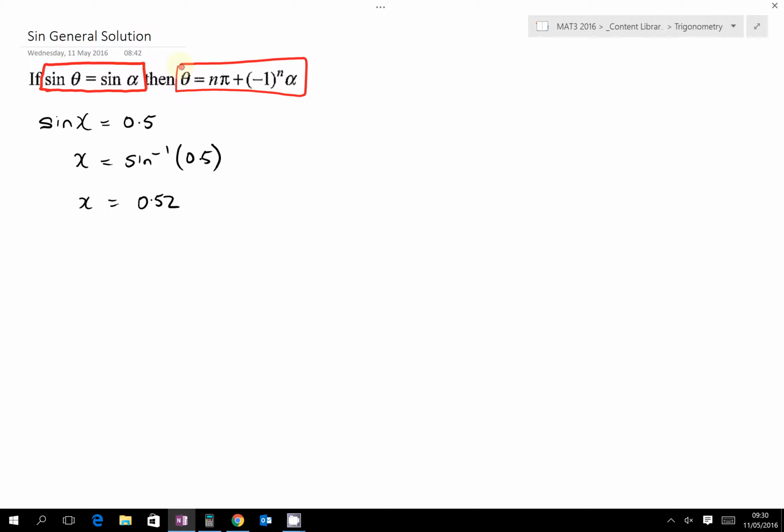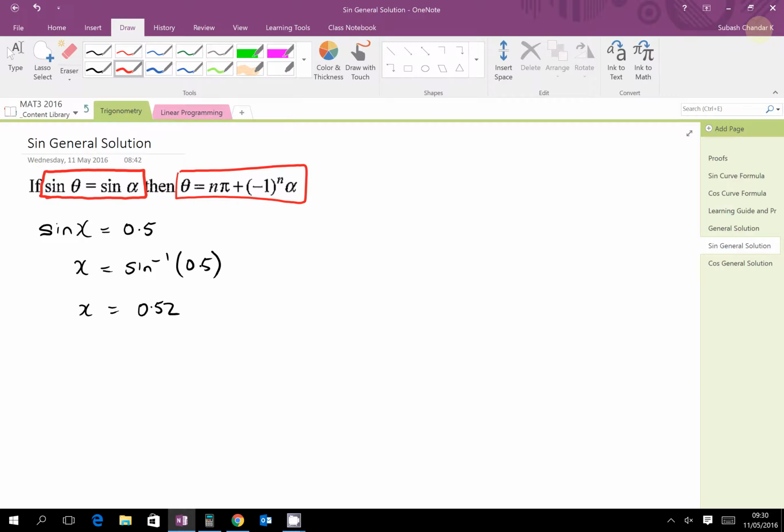Now, all I've done here is, I'll bring it back down. I'm going to stick with blue for this one and red for the alphas. So I've got sine of theta equals sine of alpha. That's what I'm trying to get to.